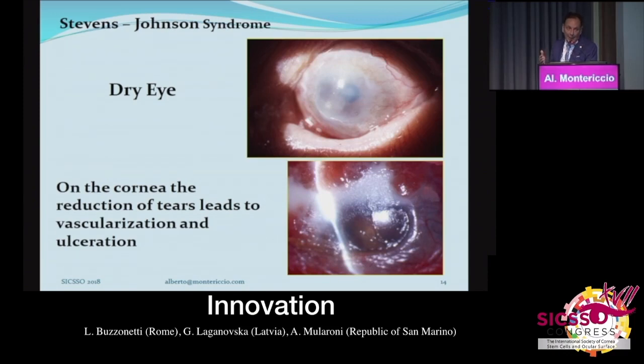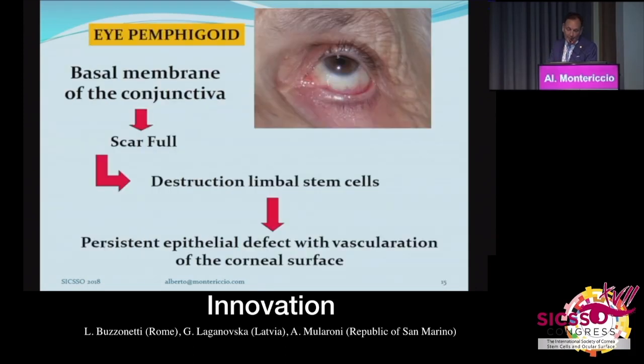Unfortunately, these are very severe cases related to limbal deficiency and eye dryness. So this brings about a continuous laceration of the cornea, so the whole corneal surface gets desquamated.